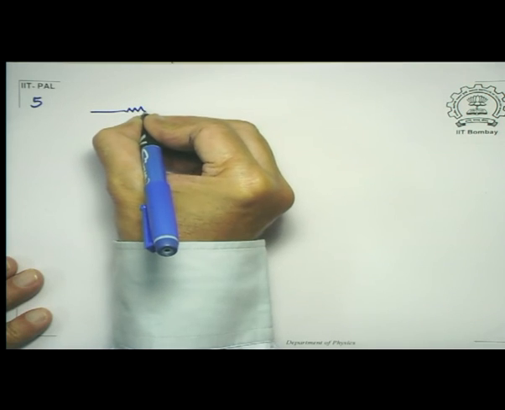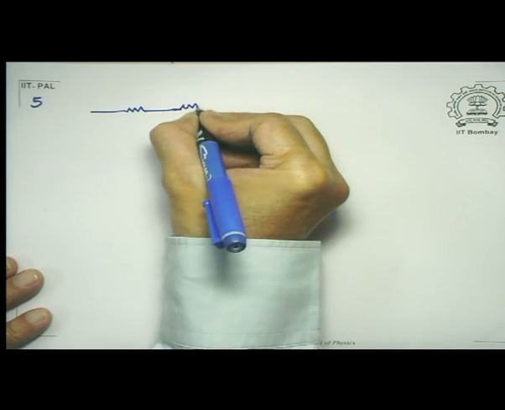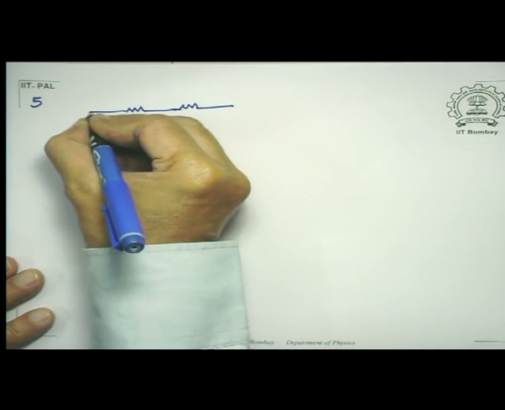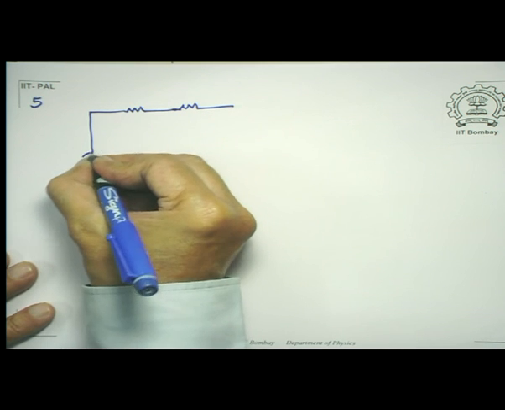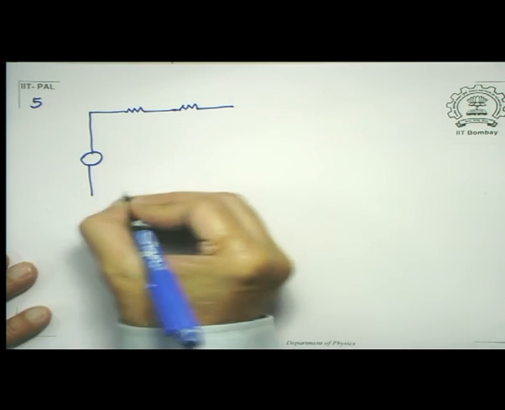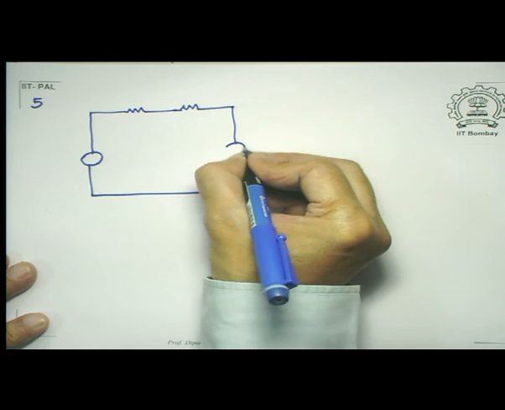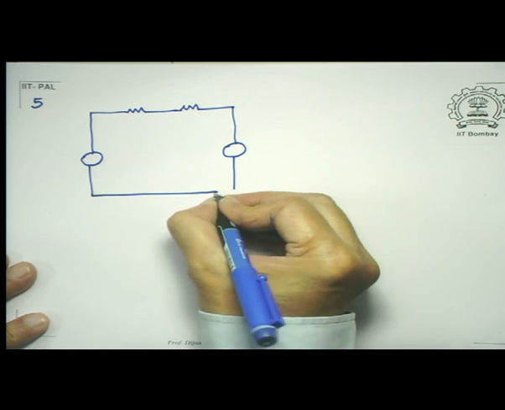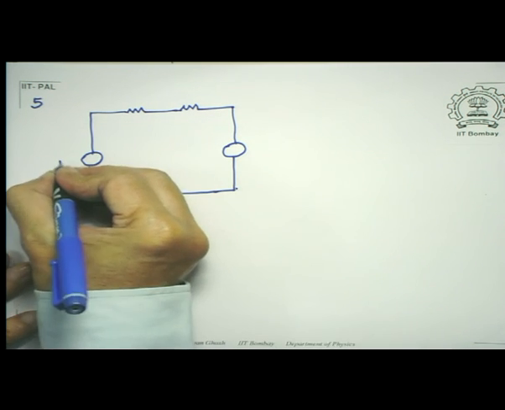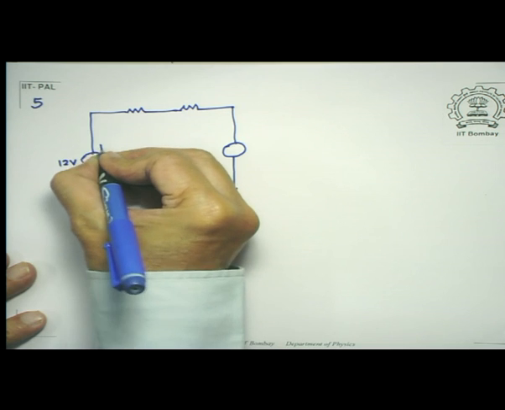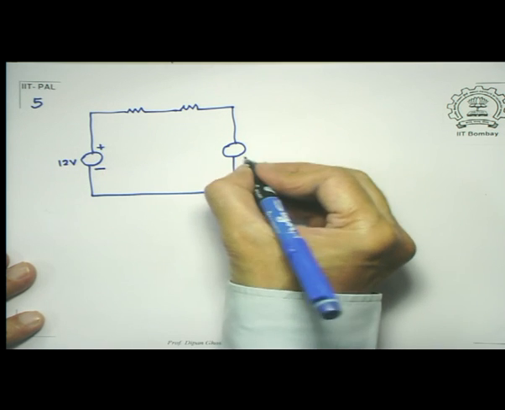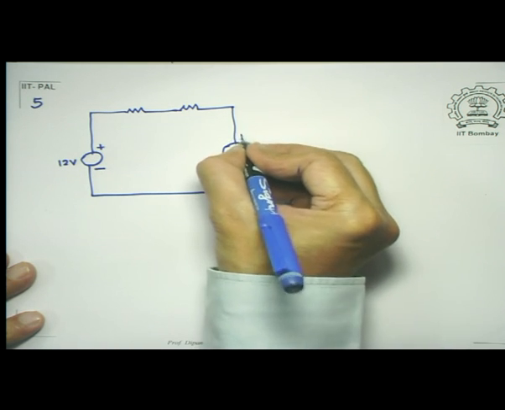So let us start with a simple problem. Supposing this is 12 volts, this is plus, this is minus, this is 4 volts, this is plus, this is minus.